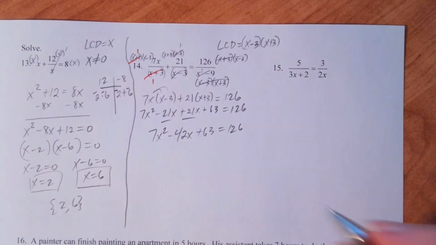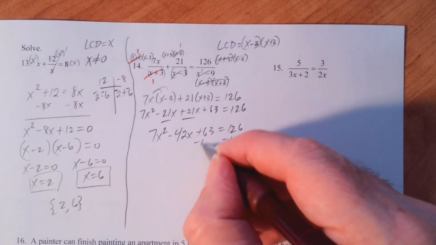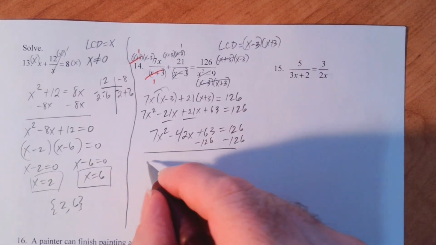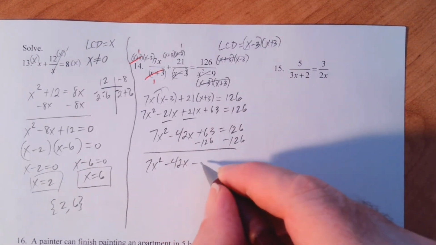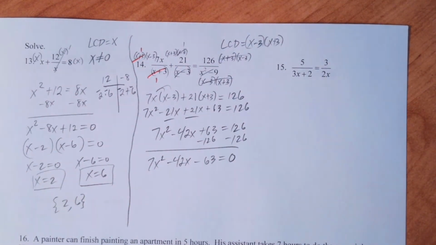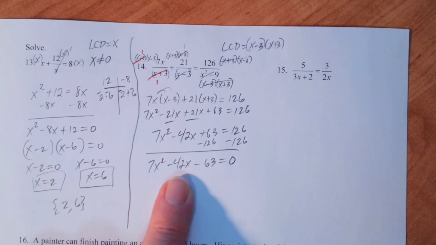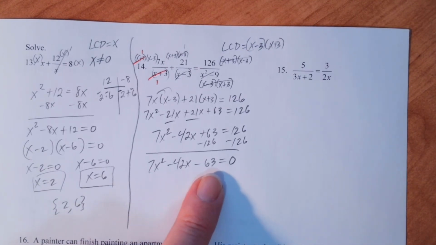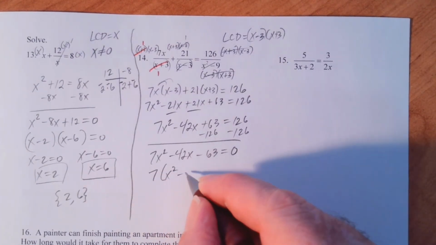And I want to get 0 on one side, so let's subtract 126 on both sides. Get 7x squared minus 42x minus 63 is what you're going to get there, equals 0. Now, the numbers are kind of big, but notice 7 divides into 42, and also 7 times 9 is 63, so we can factor out a 7.